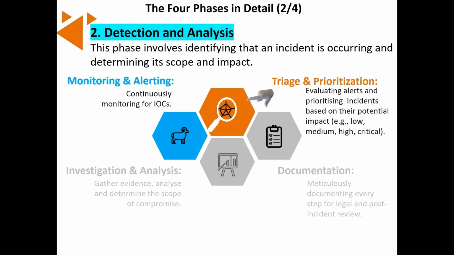Then triage and prioritization. Here you evaluate the alerts and determine which are false positives and which are real incidents. The incidents are then prioritized based on their potential impact, from low to critical.